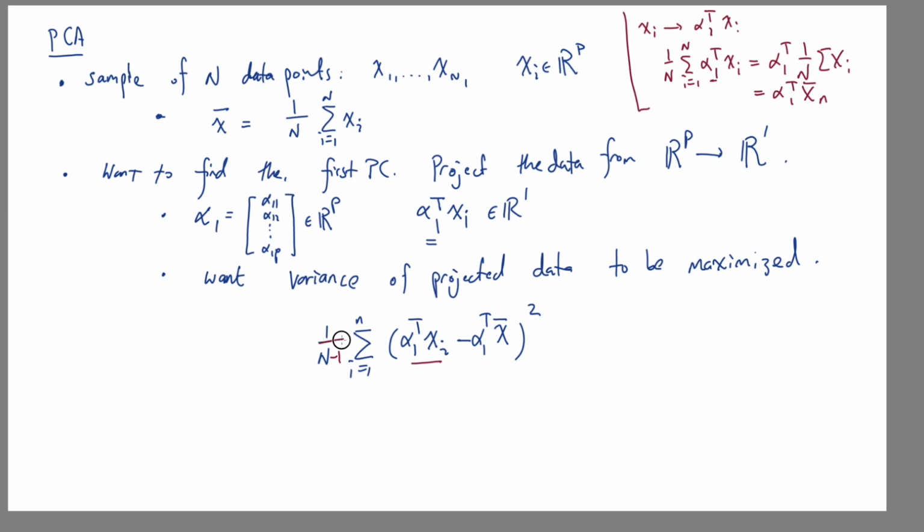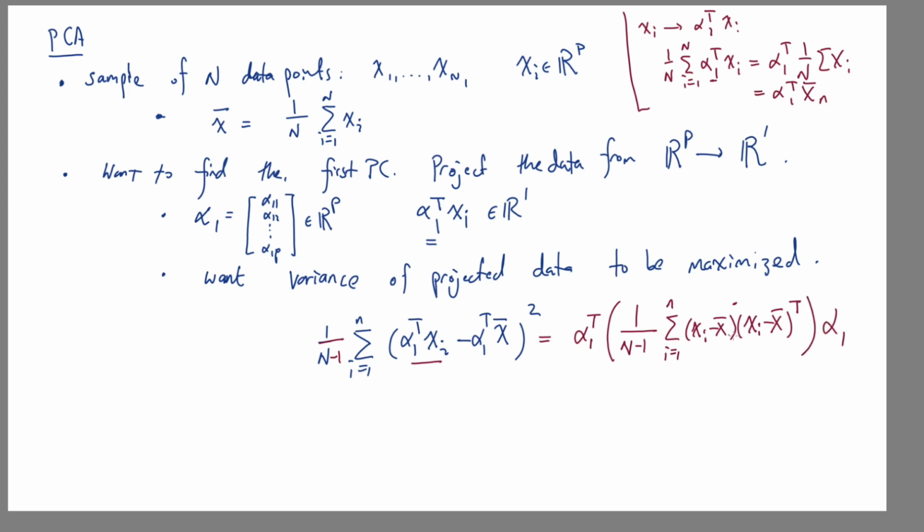Now, you can actually rewrite this as alpha 1 transpose times 1 over n minus 1 times the sum, times alpha 1.